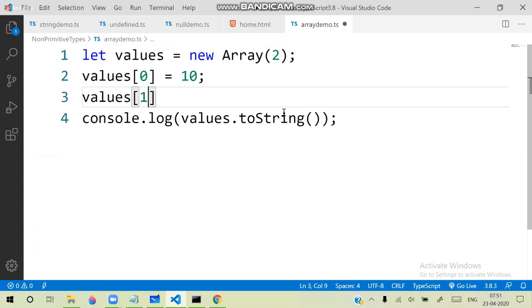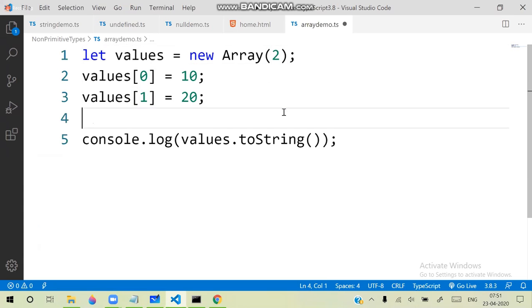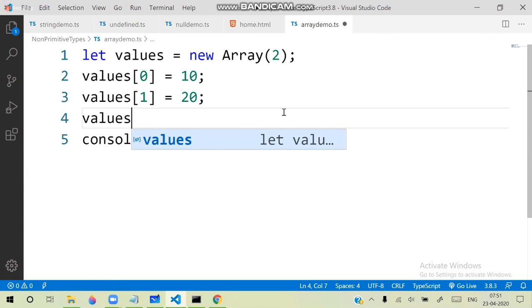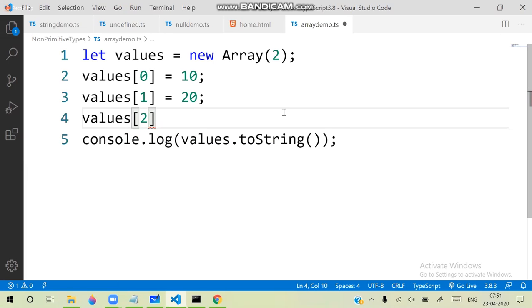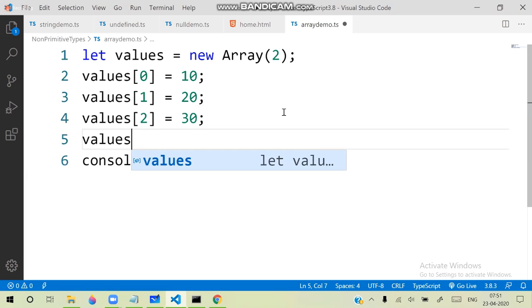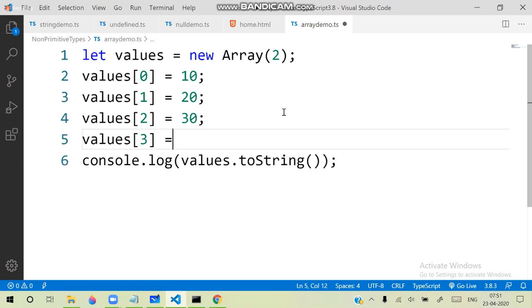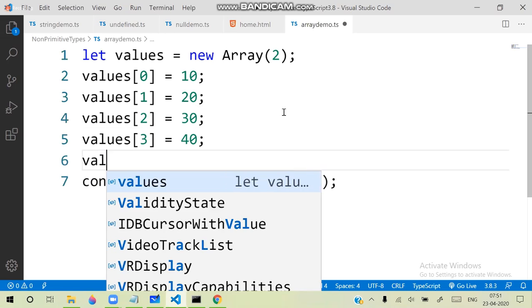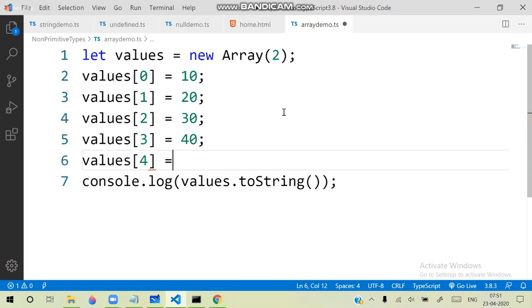Values of 1, I am storing 20. Values of 2, 30. Values of 3, 40. Values of 4, 50. That means the array size is allocated as 2, but I am storing 5 values into it.